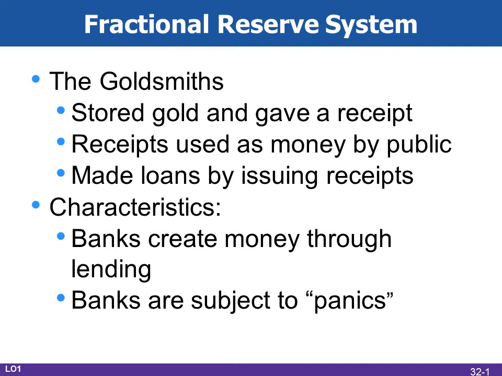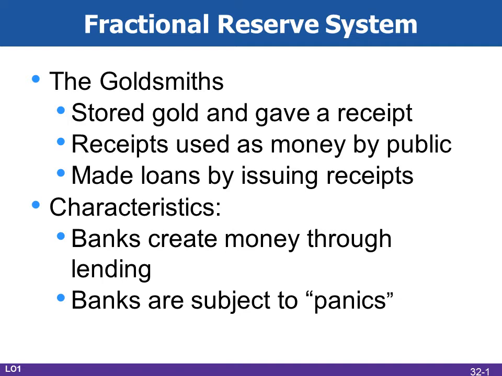So let's use a very simple example here. We'll talk about how the lending process began and how this actually has some connection to the modern banking system. Let's assume for simplicity that there were 10 merchants in our little trading world, and that each of these 10 merchants had exactly $100,000 worth of gold.